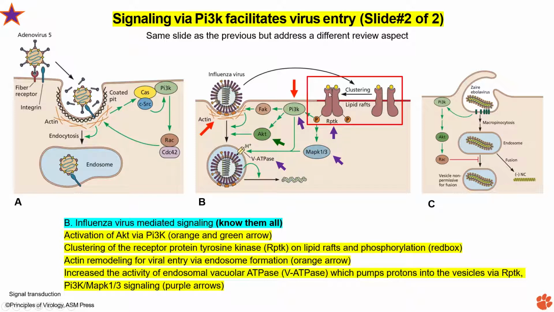So look at the cycle. RPTK, MAP kinase 1,3 is involved in there. Also PI3K is involved in there. So just remember this: here you have RPTK, PI3K, MAP1,3 signaling. All of these signaling are responsible for these.